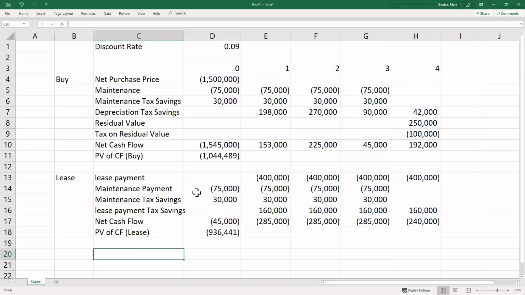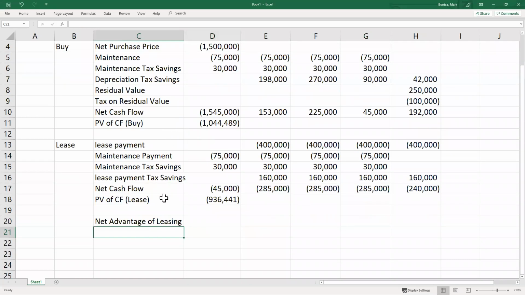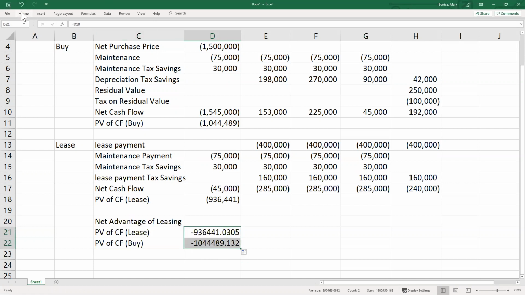So now to calculate the net advantage of leasing, we would take the present value of the lease, and the present value of the purchase option.